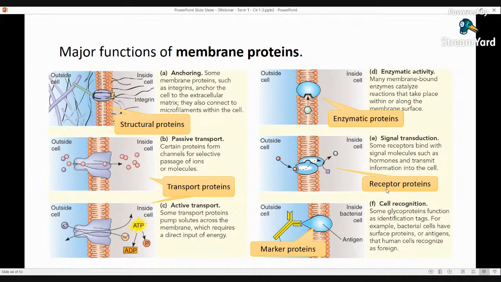Then the next one is receptor proteins. For example, hormones or neurotransmitters bind to the receptor binding site. So they signal or transmit the information into the cell, and other cascade reactions occur inside the cells.